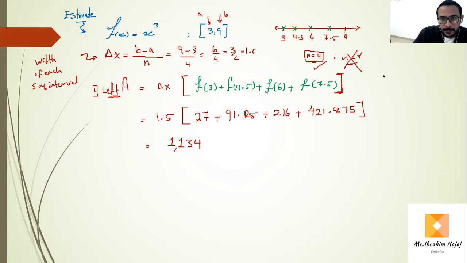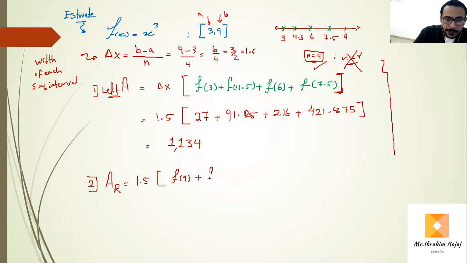Okay, so from the right, we can do it from the right, and you find the area using the rightmost points. The right points are 9 and 7.5 and 6 and 4.5. So the same delta x 1.5 and open bracket, and then pick the points from the right, which is f of 9.